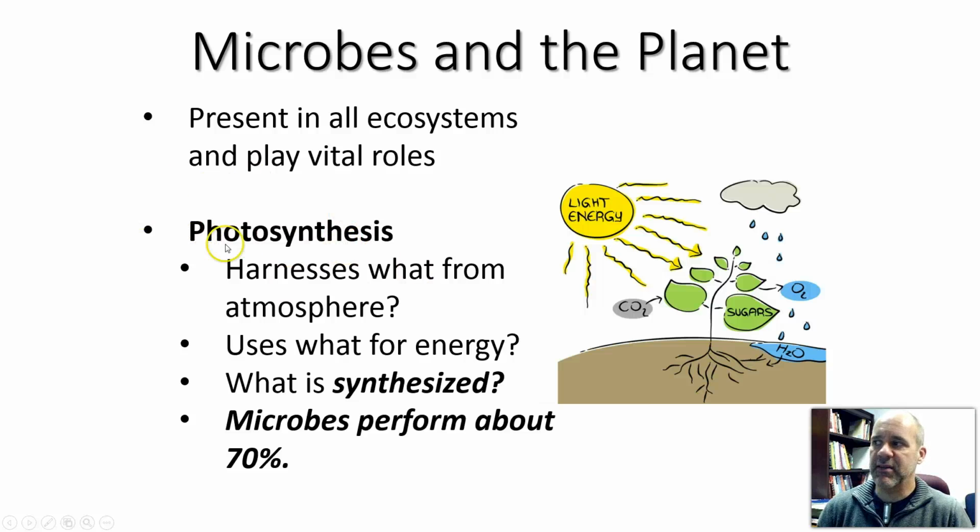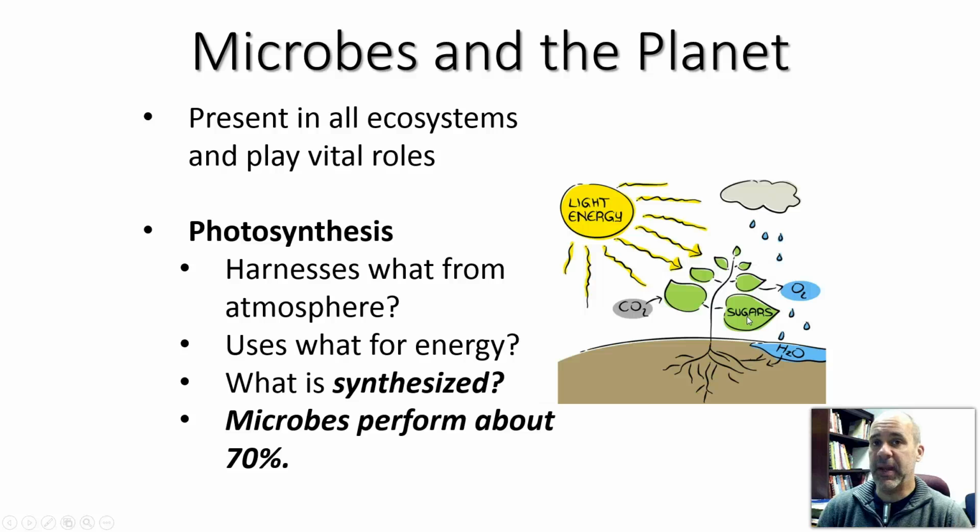Now, when you've learned about this before, it no doubt involved plants. Plants are able to harness energy from sunlight, and then they take carbon dioxide in from the atmosphere. You know, the CO2 is part of our atmosphere, carbon dioxide. They use the CO2 as starting building blocks, and they use energy from the sun, and they're able to convert carbon dioxide to things like sugars, which they're showing you over here.